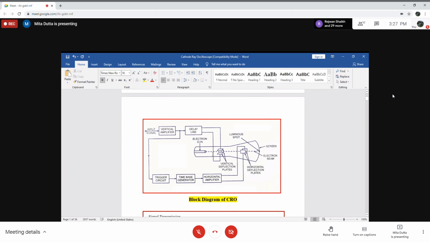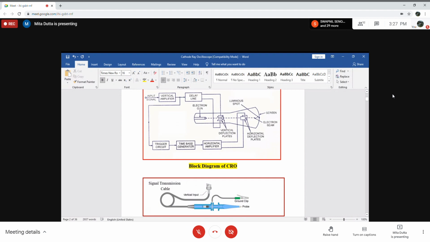Now here we have a vertical amplifier and delay line. This block is known as the vertical deflection subsystem, because since the oscilloscope is used to measure or display a wide variety of signals, it consists of several parts. The main thing of the oscilloscope is the cathode ray tube.